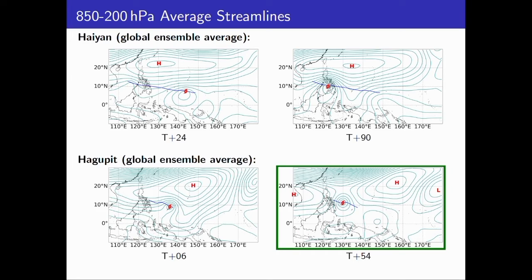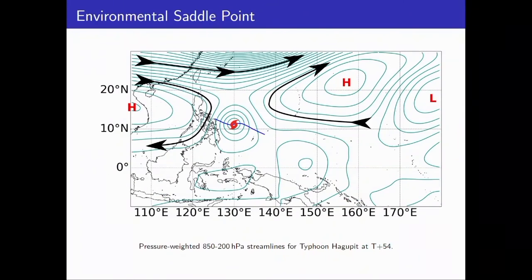If you compare this to Hagupit, well, Hagupit forms on the southwest periphery of this same subtropical high, but it ends up in a region where there's a high pressure system to the east and also to the west. So this is sort of like a saddle point in the environmental flow.